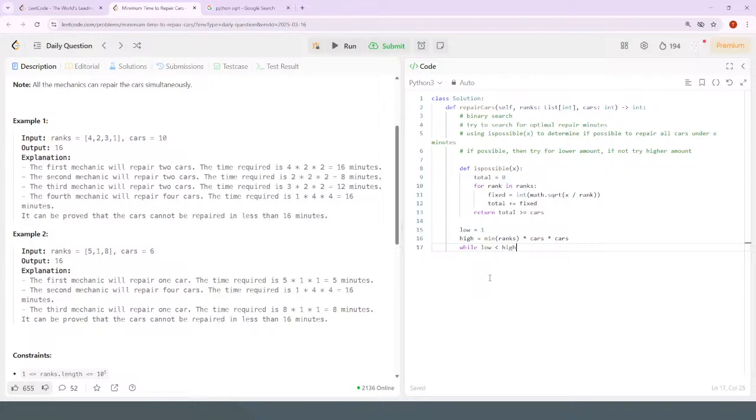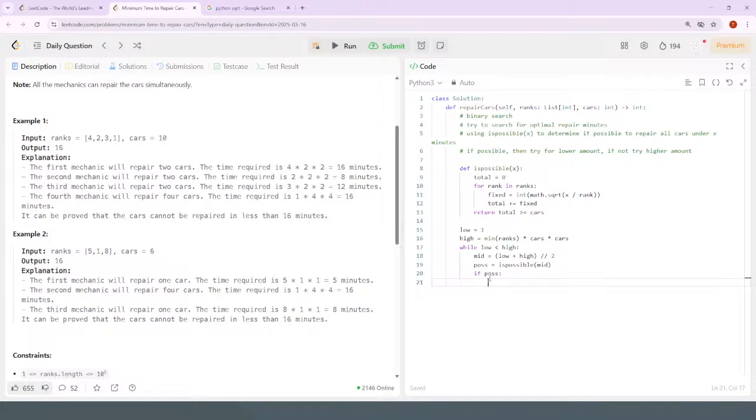And then while low is less than high, you'll want to find what the mid is going to be. And then see if it's possible to do it with this amount of minutes, and if it is possible, then you want to try for a lower amount.